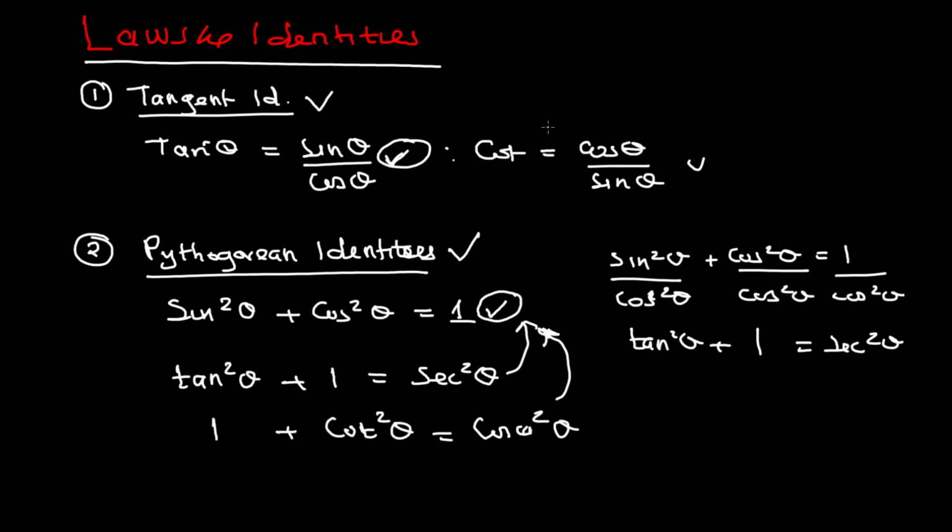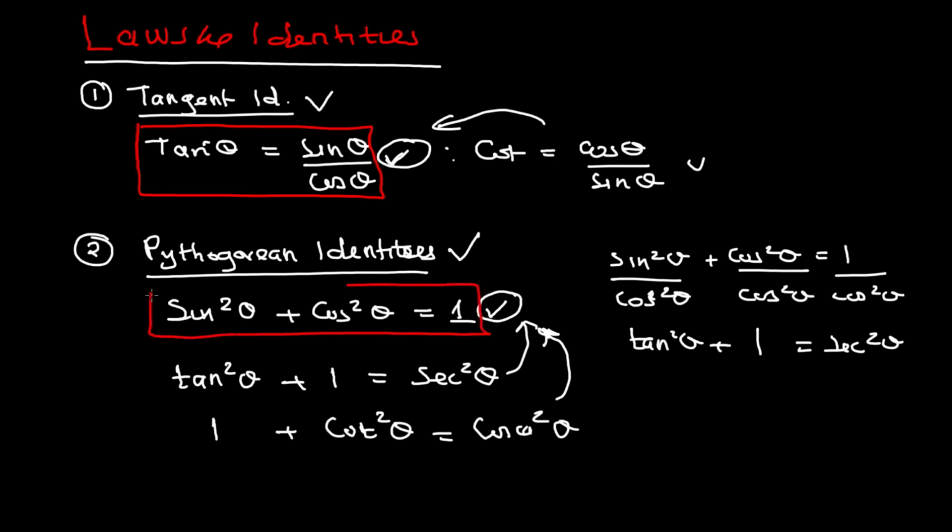Even this one we can derive from that one there. So essentially, the only two that you have to know here is this one and that one. The rest you can get from these two. That is at this stage.